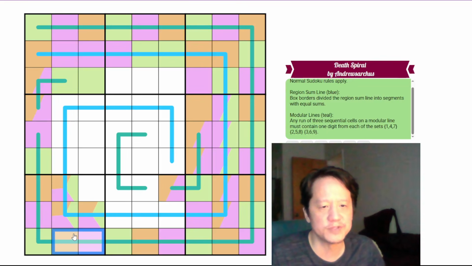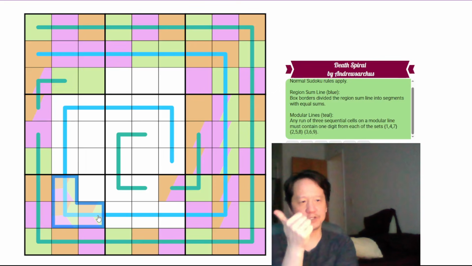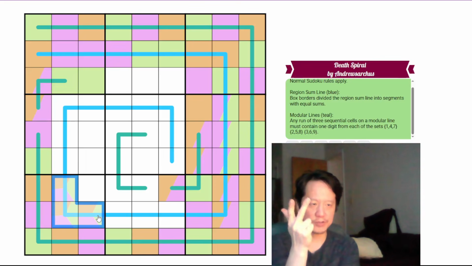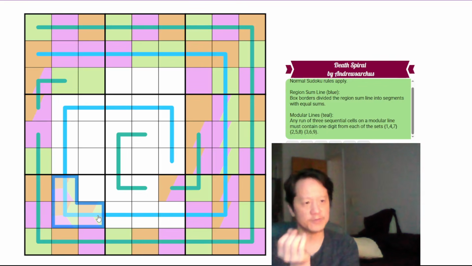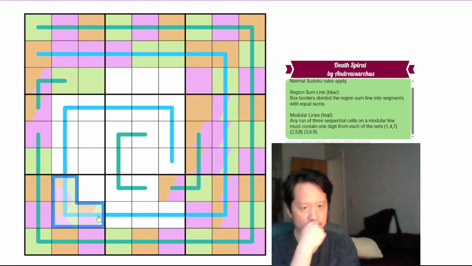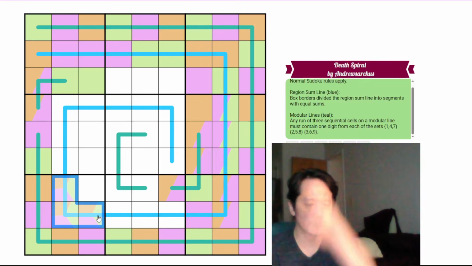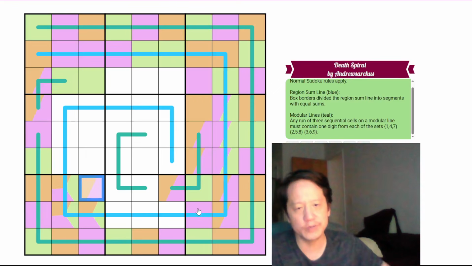Can't be 3 of the same set. Yeah, you can never have 3 of the same set because 1 modulo 3 plus 1 modulo 3 plus 1 modulo 3 will have a sum of 0 modulo 3. 2 modulo 3, 2 modulo 3, 2 modulo 3 has a sum of 0 modulo 3, and so does 0 modulo 3. So this must be double green here, which means this can't be double green. This is pink or orange.